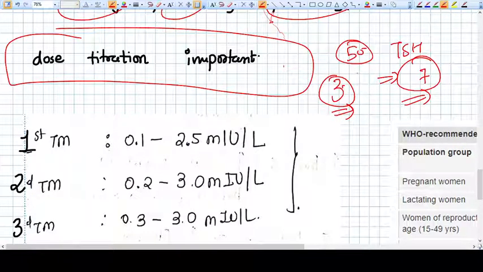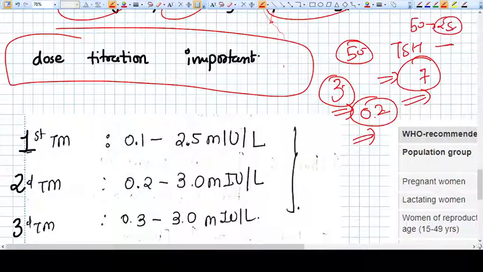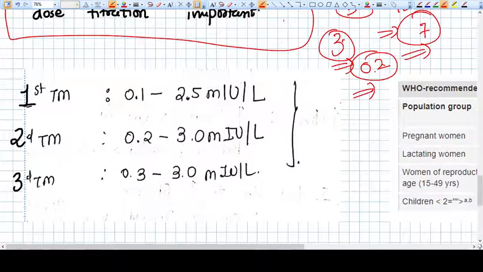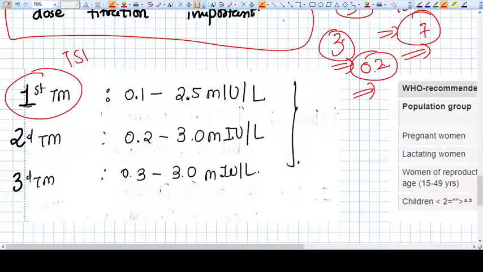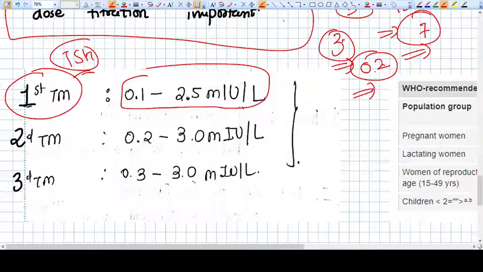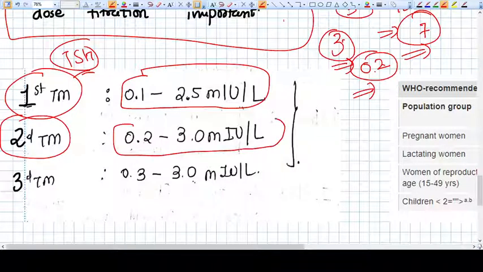If after one more month it is, say, less than 0.2, then you need to decrease the dose from 50 to 25. This is how you titrate the thyroxine doses.